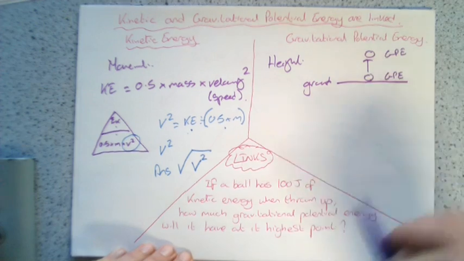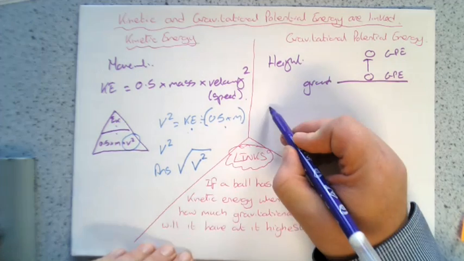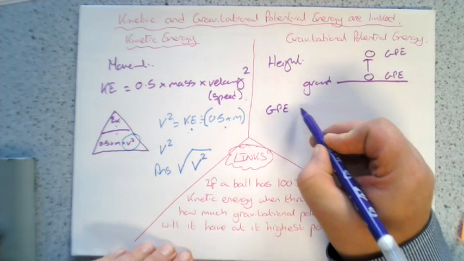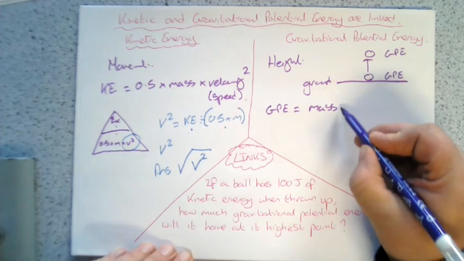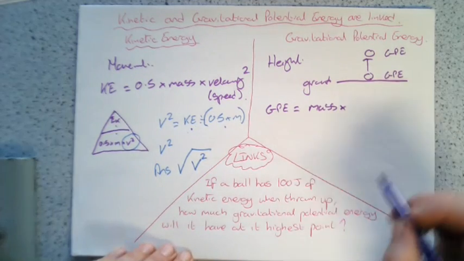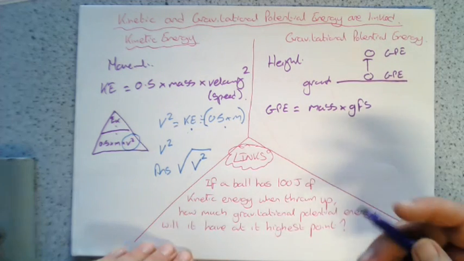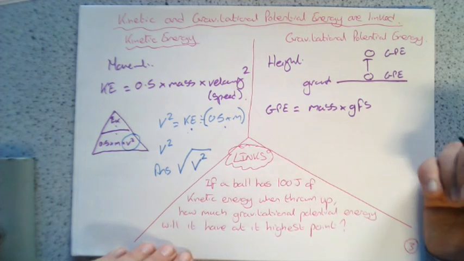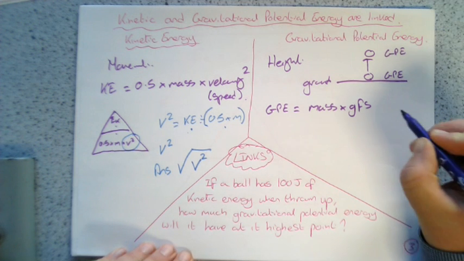Now we can see here that that ball is going to have some mass. So when we're calculating gravitational potential energy, we need to know the mass of the object. We multiply that by the gravitational field strength of wherever we are. On planet Earth, we're always going to give you that in the exam, and it would either be 10 or 9.8.